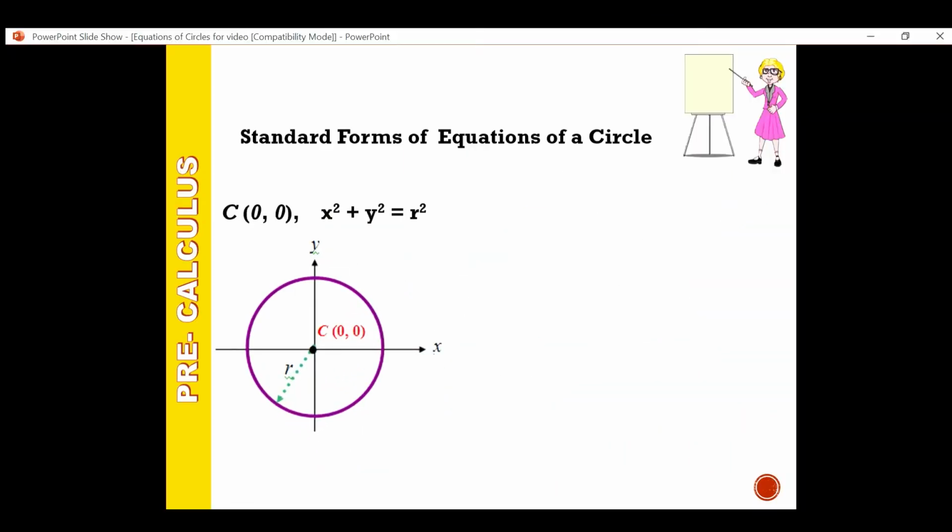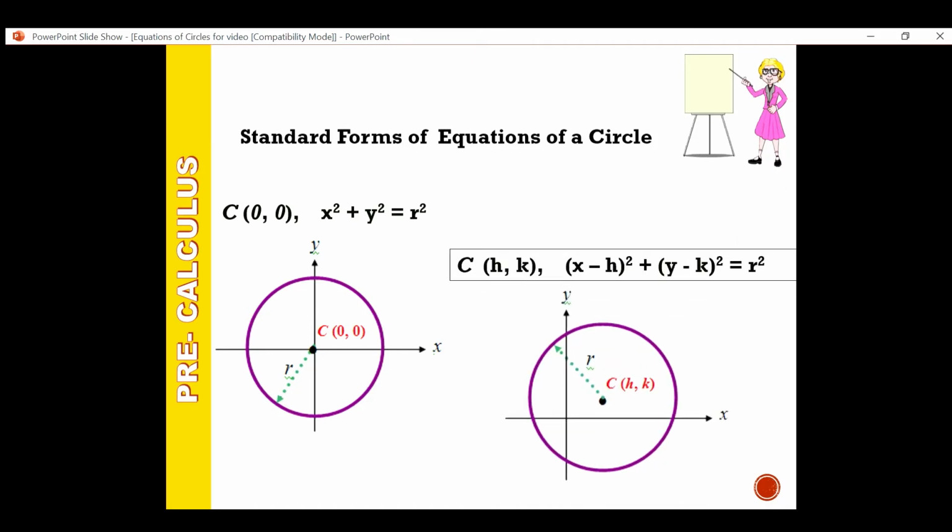So, to summarize, yan class. When the center of the circle is at 0, 0 and radius is r, ito yung equation na gagamitin natin para makapag-write tayo ng equation. Pag ang center naman is any point on the coordinate plane, h, k, ito naman yung gagamitin natin na equation: x minus h, quantity squared, plus y minus k, quantity squared equals r squared.